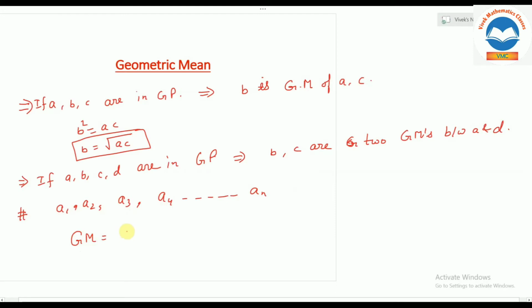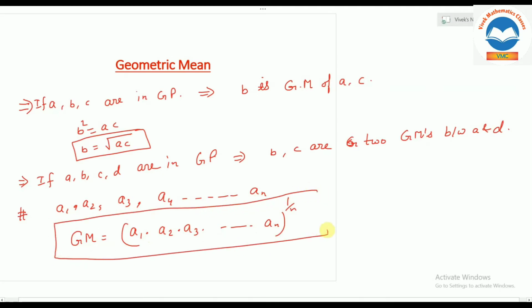GM of all these numbers will be equal to the product of all the numbers to the power 1 by n, because you have taken totally n numbers, so you have to multiply all the numbers A1 into A2 into A3 up to An. Then find the nth root, power 1 by n. This will be your GM of A1, A2, A3 up to An: the nth root of the product of all the numbers.